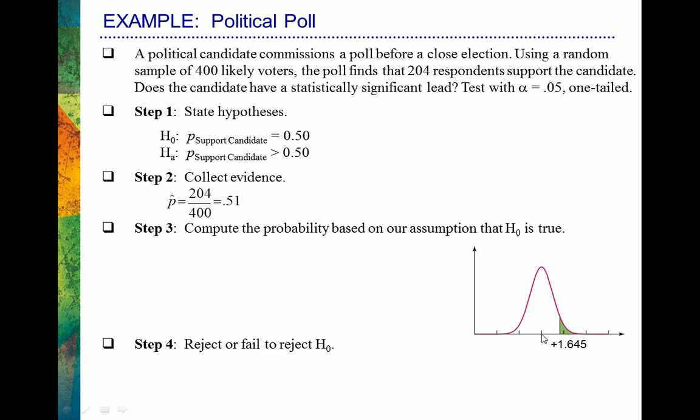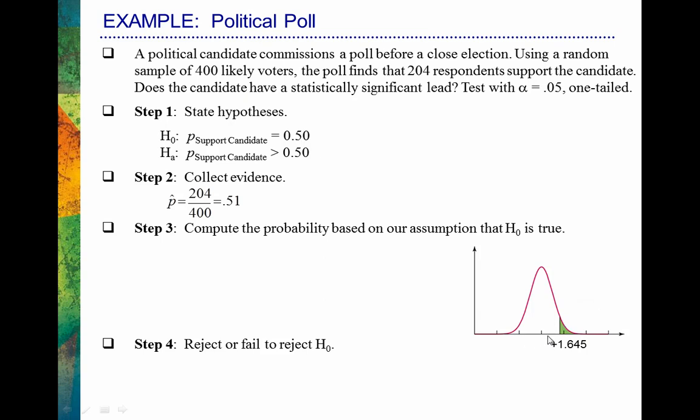And most of our sample proportions would be right here. That's why we have this high point, this hump of our distribution. Most of the sample proportions will be right around 0.50, which is where that true population proportion is according to the null hypothesis. So where's 0.51?